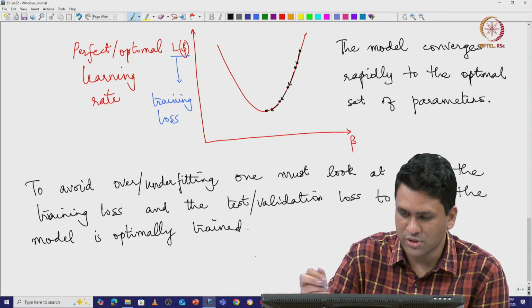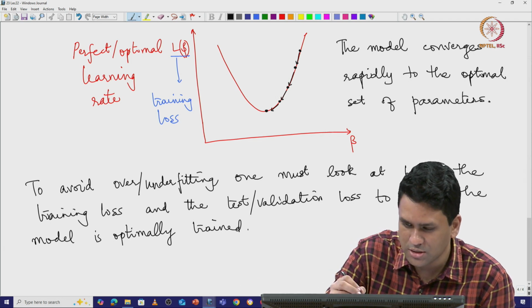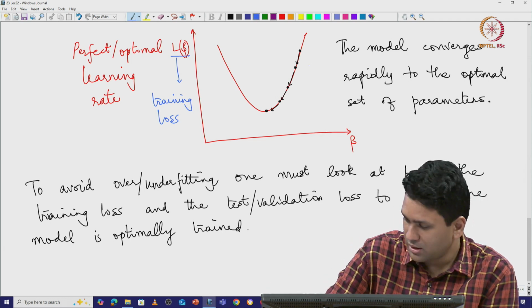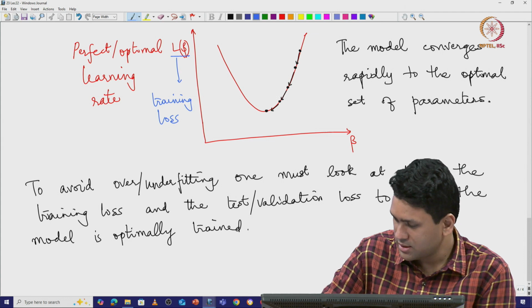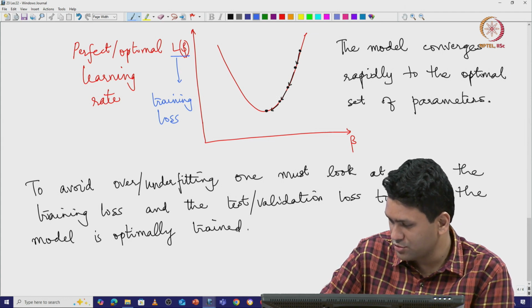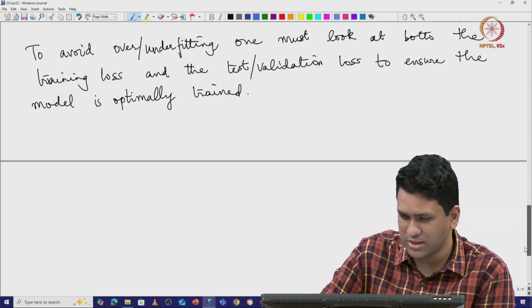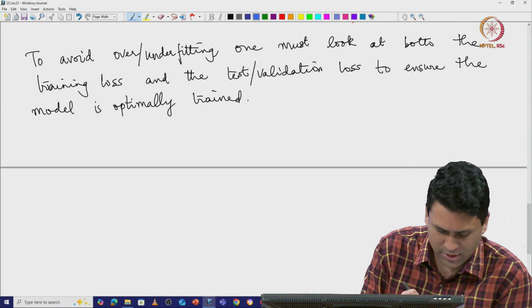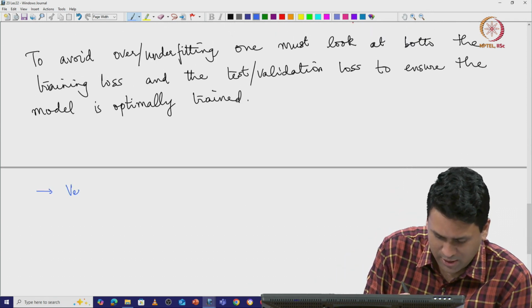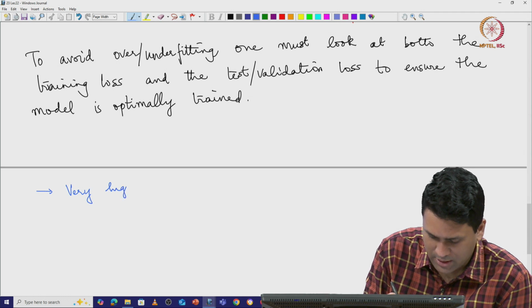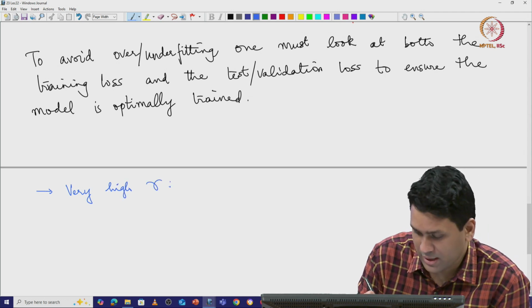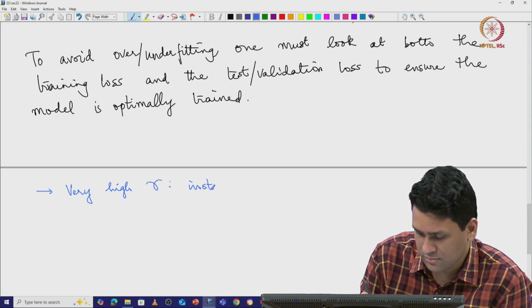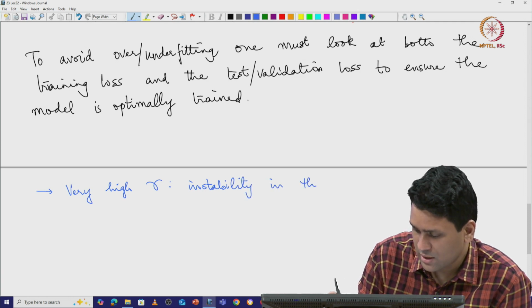Okay. So to summarize this part of the discussion, there are three cases in terms of the values of gamma that you can assign during the training process. If you have a very high learning rate gamma, then there is an instability in the algorithm and your loss function may just explode.